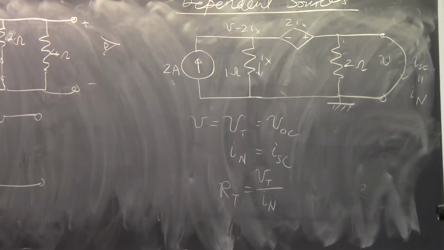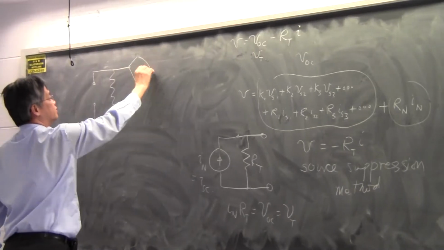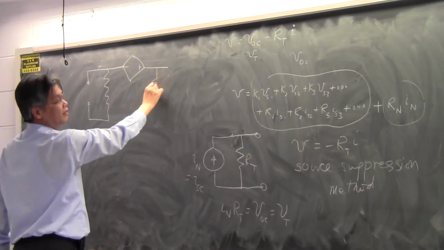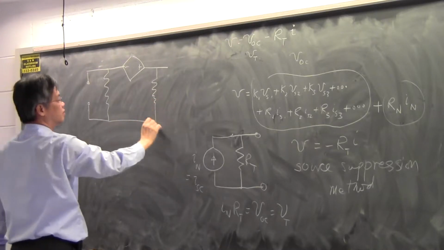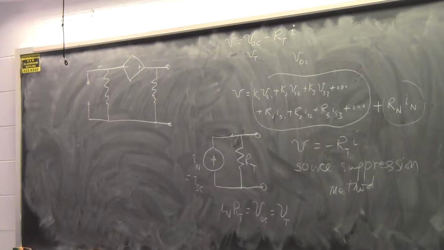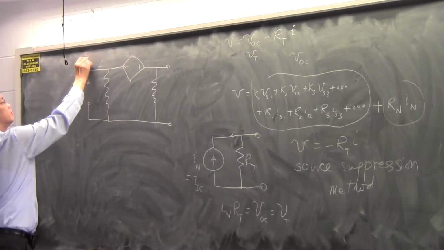And then if I were to turn off the sources, I will have an open circuit there. I will have a resistor here. I will have a dependent voltage source here. And then I have something like this. Okay? And then if I look at this circuit, I suppress the source. Okay?